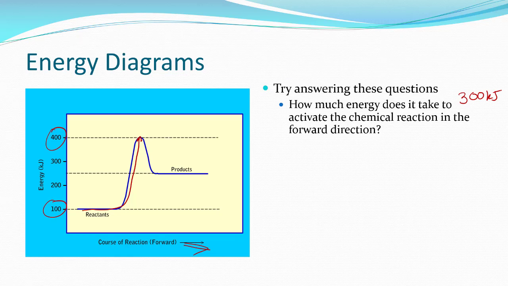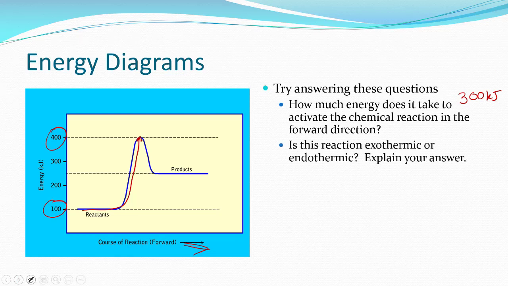Okay, 300 kilojoules. Is this reaction exo or endothermic? I'm hoping that you recognize that the reactants are starting at 100, but the products are at, sorry, 250 kilojoules. This would be an endothermic reaction. It's absorbing the energy. It's not releasing, it's absorbing.